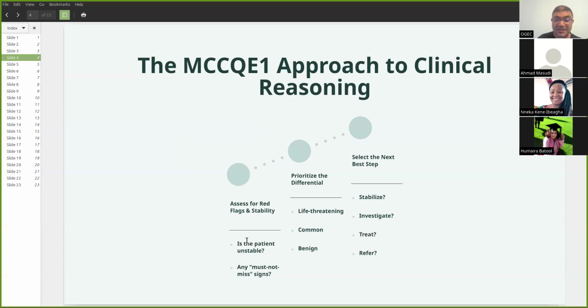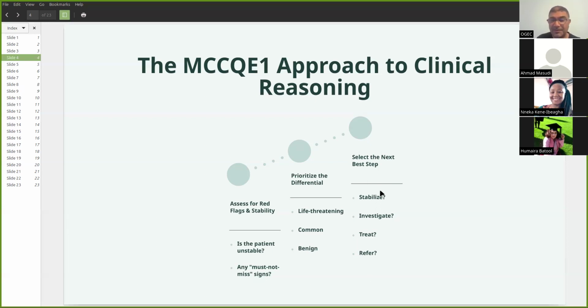If the patient is unstable, we have to think about the red flags, and then prioritize the differential diagnosis. Is it life-threatening? Is it common? Is it benign? And then we have to choose the best next step.